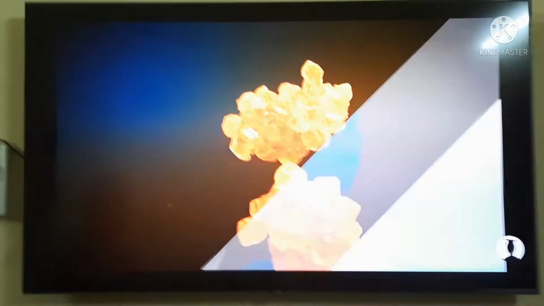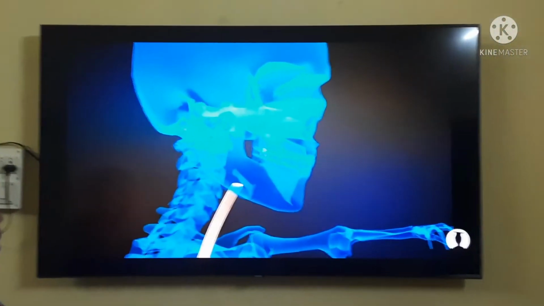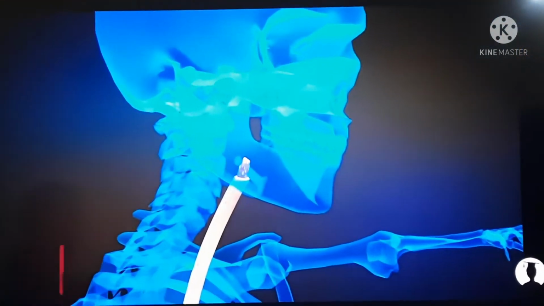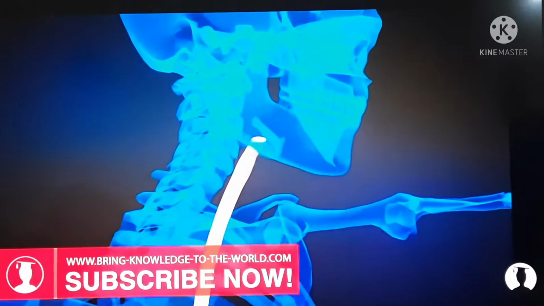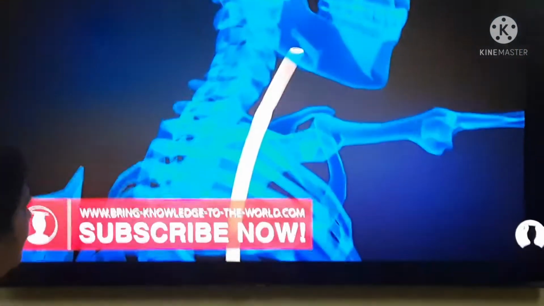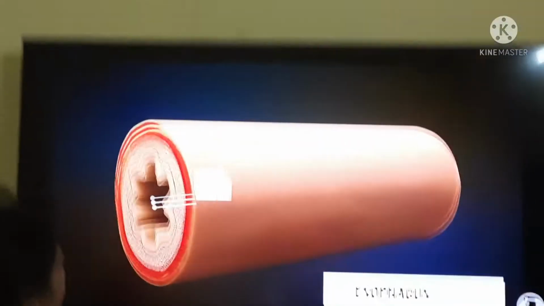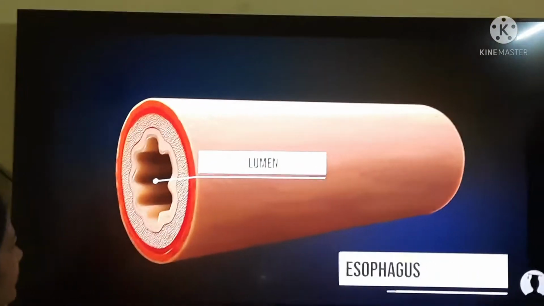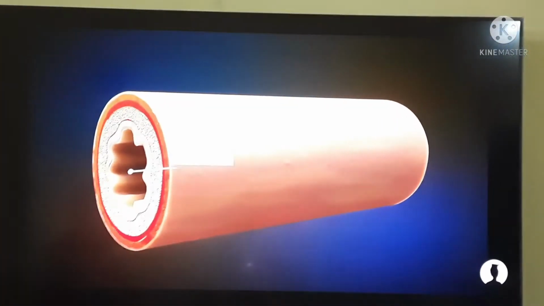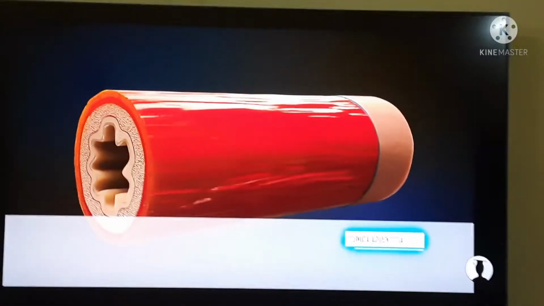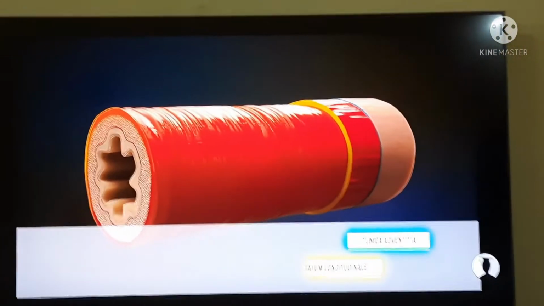The ball-like mixture of food with saliva, also known as bolus, is pushed into the throat by the tongue, and finally into the esophagus, which propels the bolus to the stomach. The esophageal lumen, that is, the opening inside the esophagus, is very flexible, which allows boluses of different sizes to be transported.